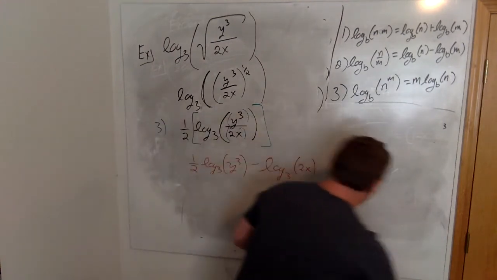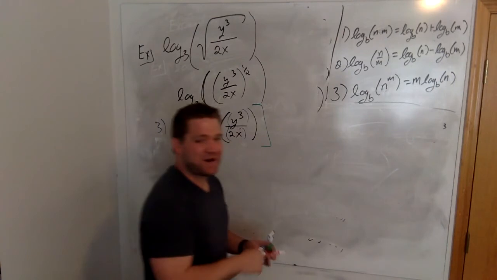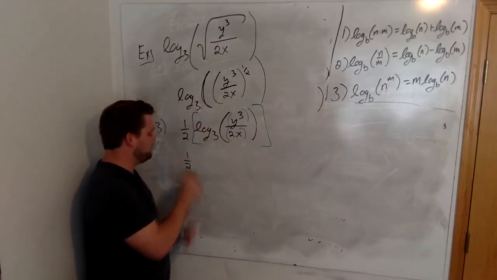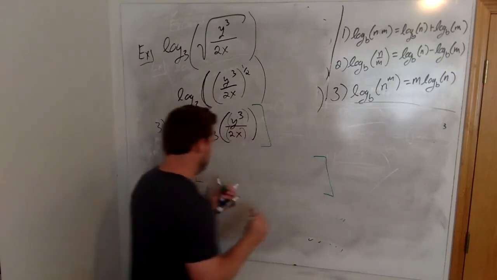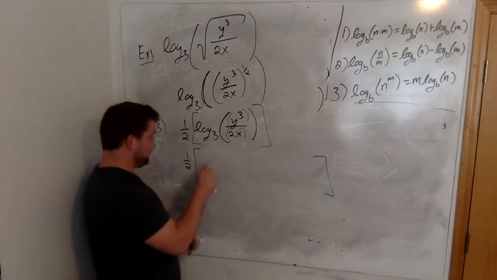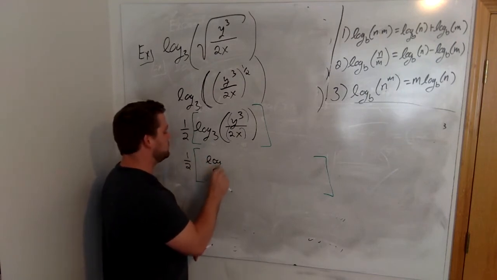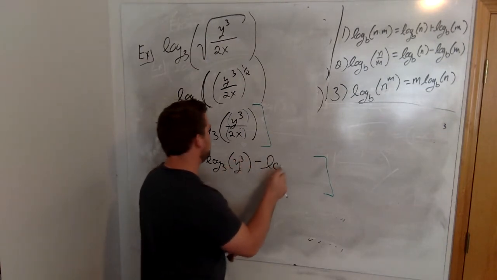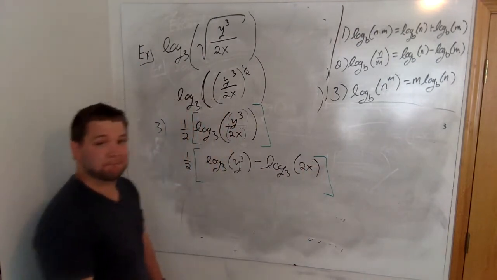We need parentheses. So just be careful. Again, you should always be paranoid with parentheses. Okay, so this is the correct way to do it. Green means good. Okay, we would be correct to say that this is 1/2 times the quantity, log base 3 of y cubed minus log base 3 of 2x.